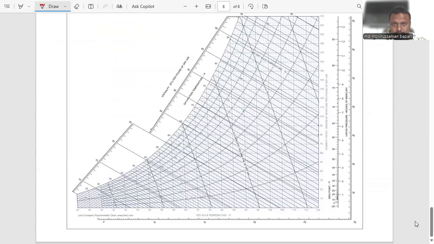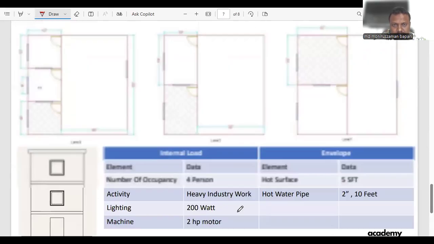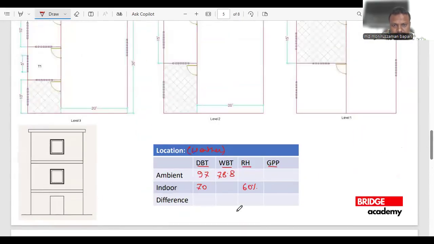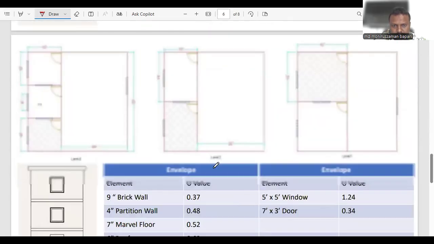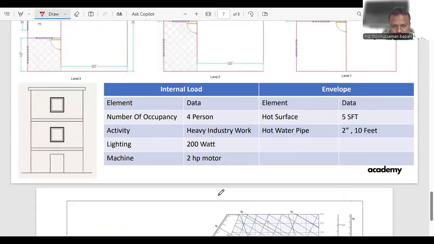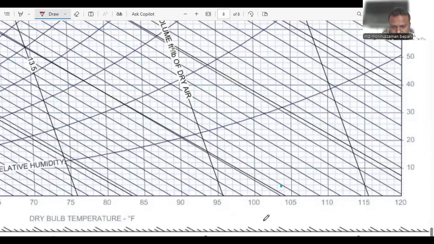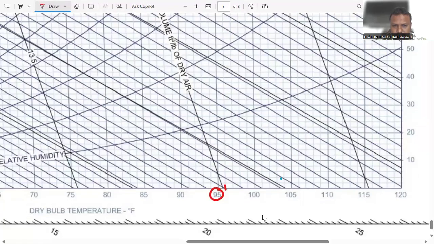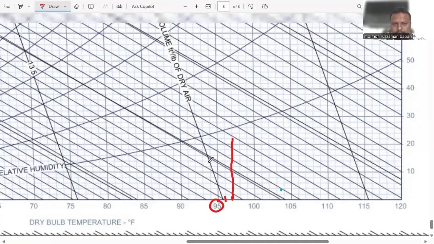Here we have the psychrometric chart. Okay. Dry bulb temperature is 97, and wet bulb temperature is 78.8. So 97, need to find out in here. 95, 6, 7. Now we need to move vertically upward.